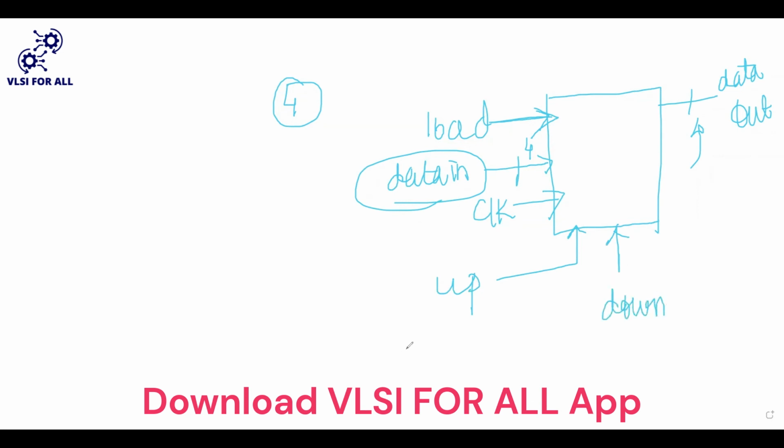Either we can take it like this, or we can take a single input like up bar, down bar. When the value of the 1 is high, then it will be the up counter. And whenever this variable is 0, then it will be a down counter. So there are two options which we can use.